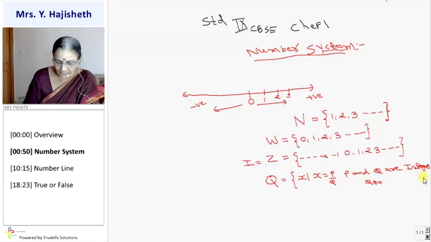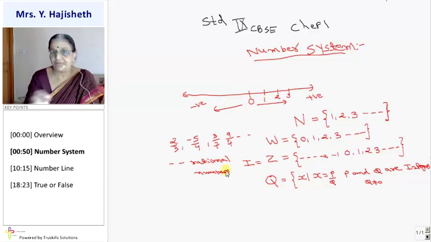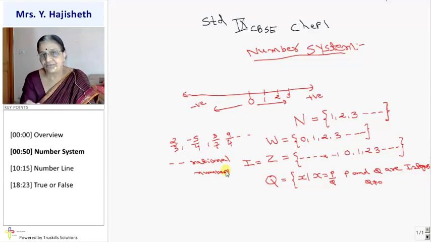So all the numbers of the type 2 by 3, minus 5 by 4, 3 by 7, 9 by 4, all are rational numbers. The word rational comes from ratio.